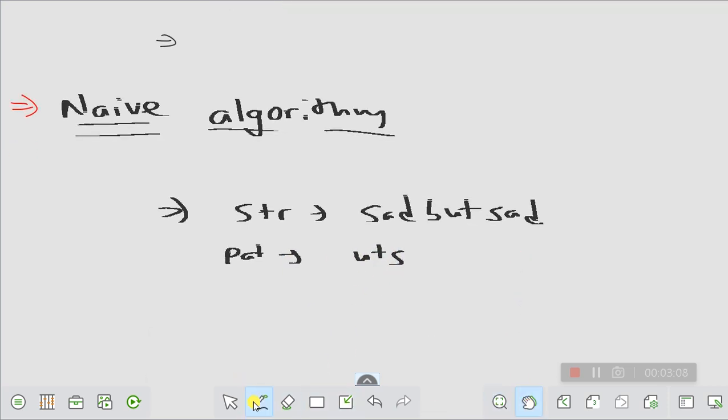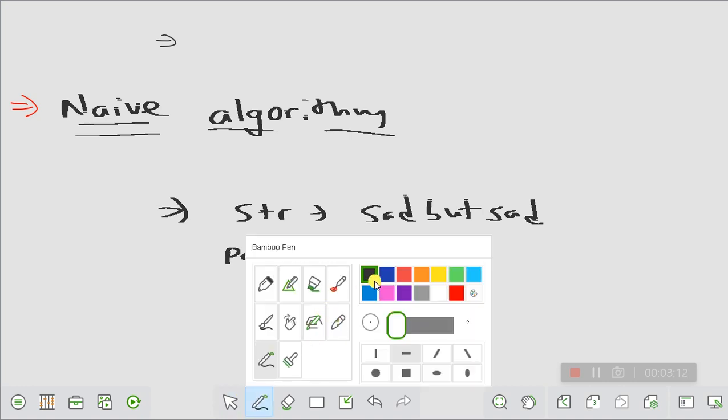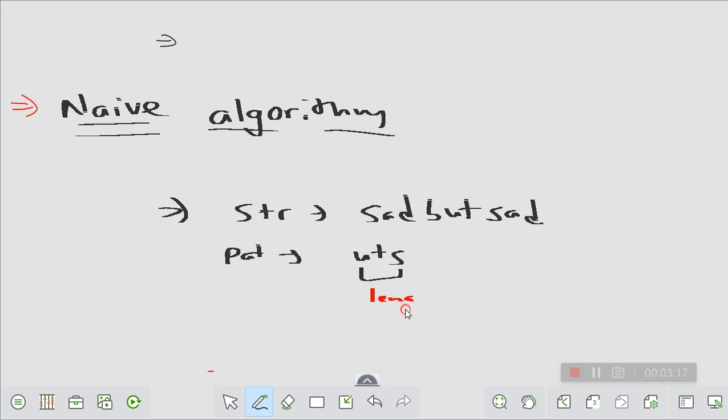If k is the length of this pattern, so length equals k, and for this string length equals n. I'm going to check every window of size k. Is this equal to my pattern? No. So I'm going to move this window here. Is this equal to the pattern? No. Then I'm going to move my window here.